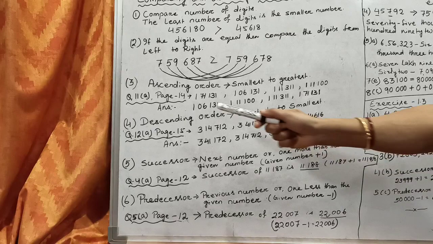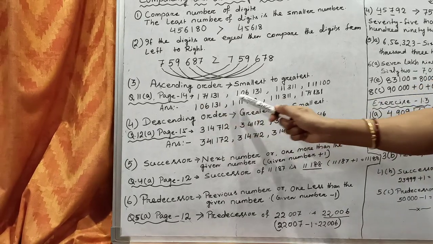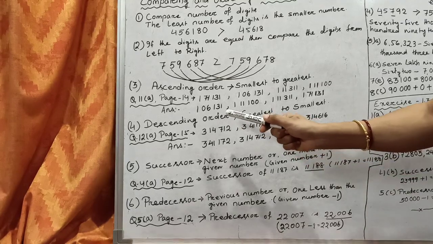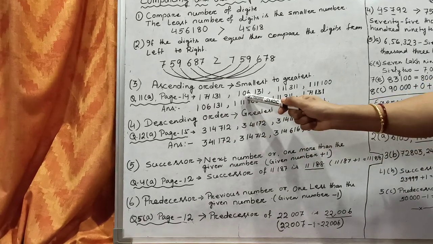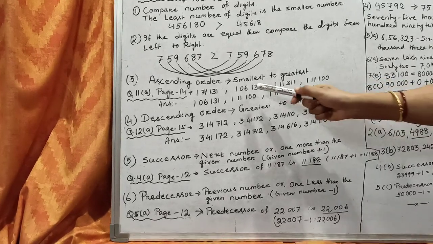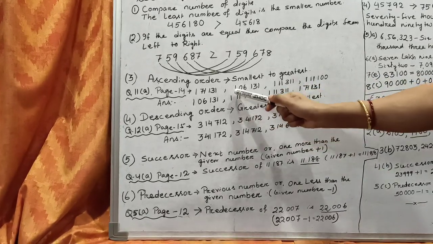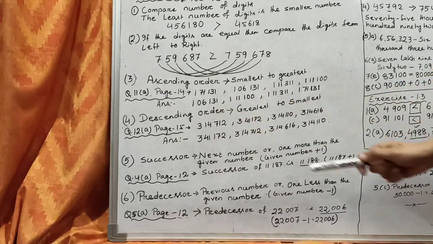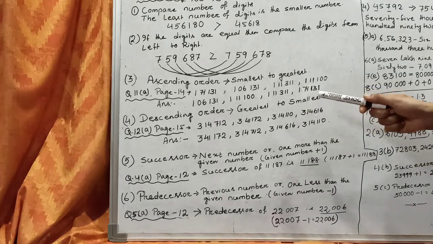So in these four numbers, all lakh places are the same. Then you see the thousand place. Here is 71, here is 6, here is 11, here is 11. So 6 is the smallest one. So this number you have to write first, 1,06,131. Then come to the next number.